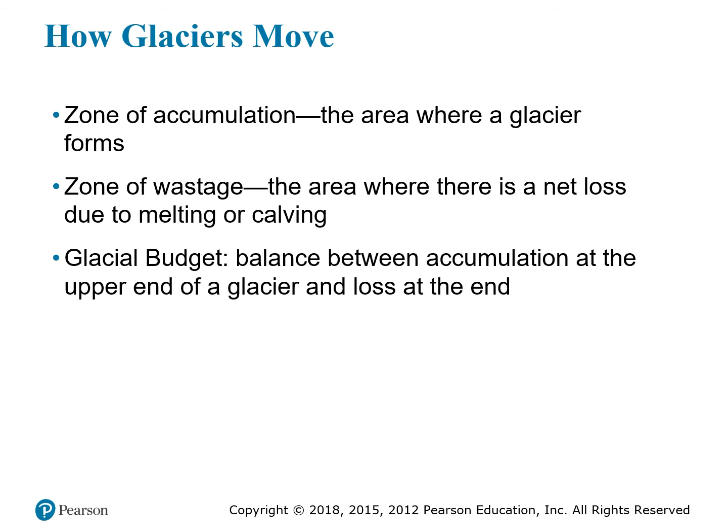If you have more accumulation, more snow accumulating at the higher elevation areas versus material being wasted, that means the glacier's front is going to advance, and that typically means cooler overall weather on Earth. However, if there's more wastage and less accumulation, then the glacial front is going to retreat, moving further back up into the mountains.